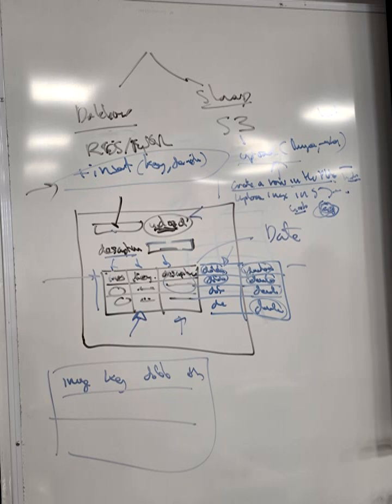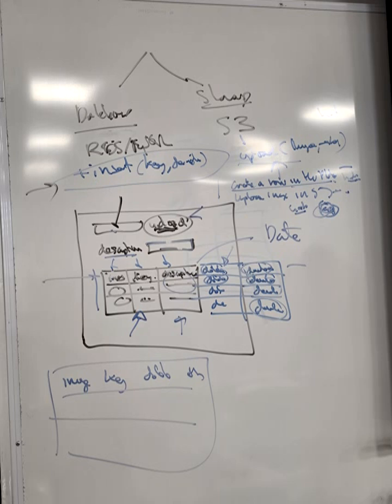Suppose the boss tells you, in addition to the description, I need the date. Every photo is also going to have a date, the date the photo was taken, not the date it was uploaded into S3. Seems like a reasonable extension, right?